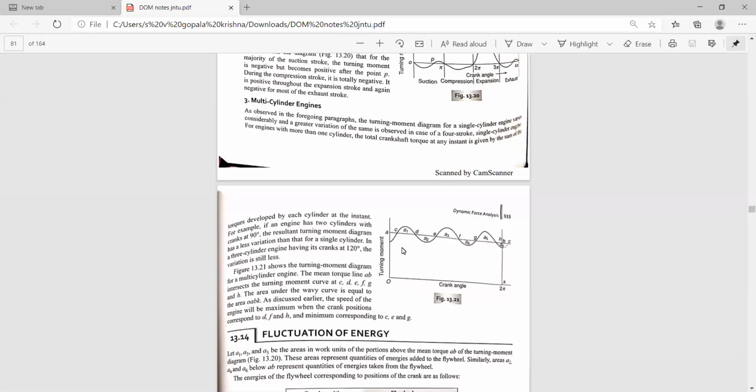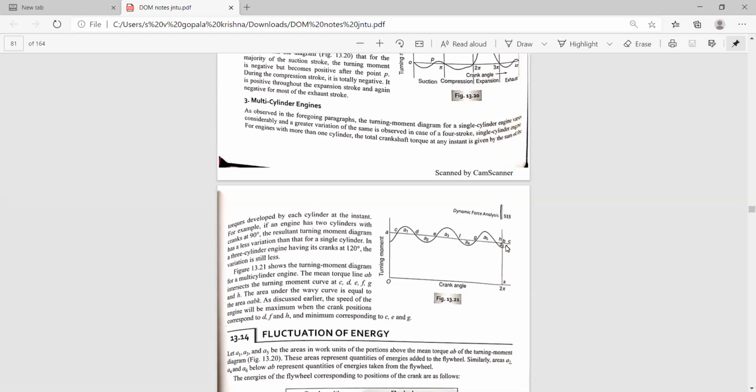So for the power stroke in our multi-cylinder engines, we consider only one complete revolution of the crankshaft. That is the 2 pi crank angle. So within the 2 pi crank angle, we get our turning moment diagram. It seems to be a sine wave. In this, again we draw the mean torque line. That mean torque line is AB.